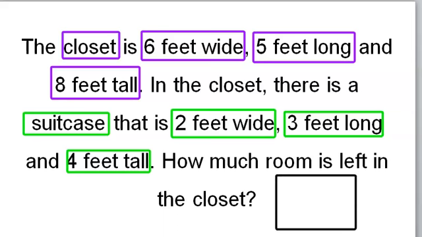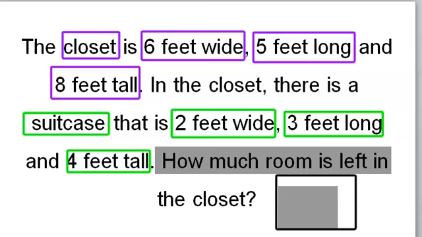And inside of my closet, I'm going to be putting a suitcase. So we want to figure out this white portion. We want to figure out the difference between the closet and the suitcase to figure out what that white portion is going to be. So our question is, how much is left in the closet?